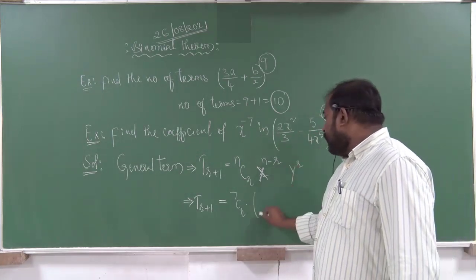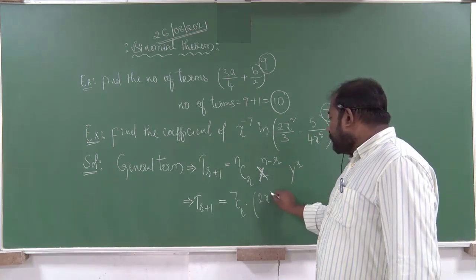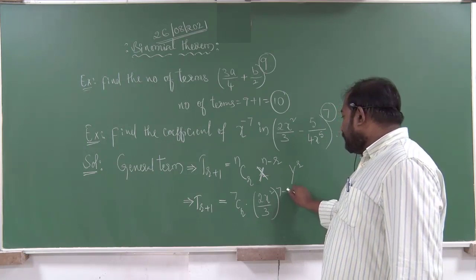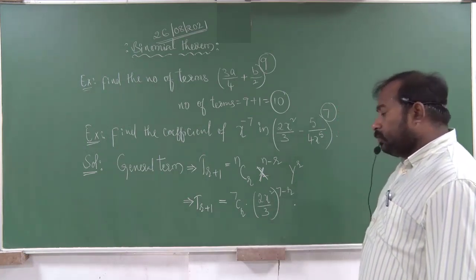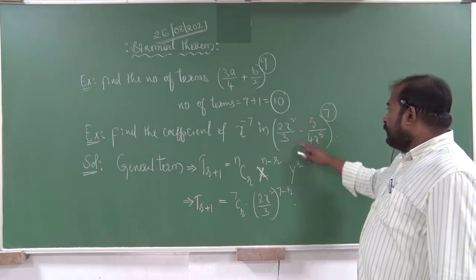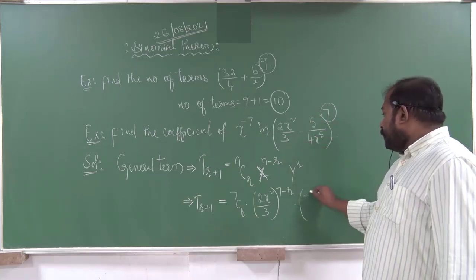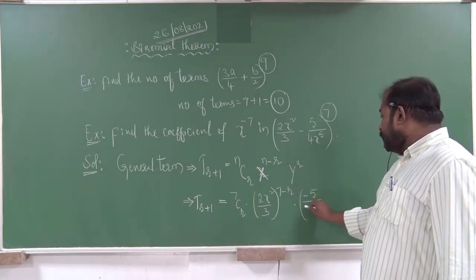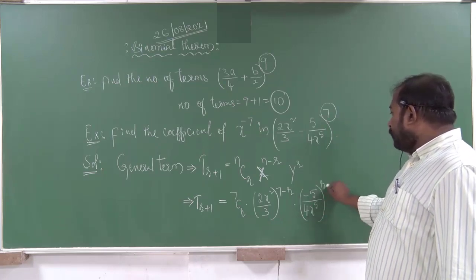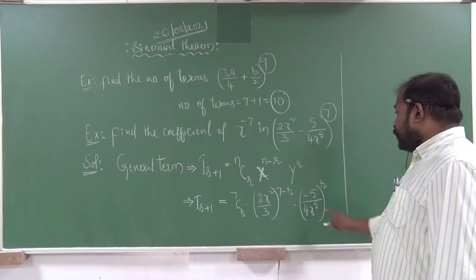So the value you will get is (2x^2/3)^(7-r) into capital Y power r. Capital Y means, instead of capital Y, this is the whole value, (-5/(4x^5))^r. This is the general term.